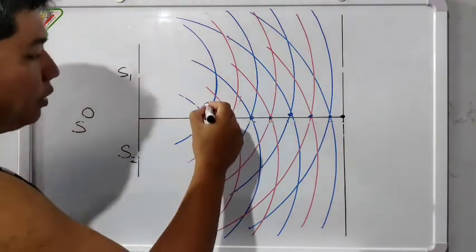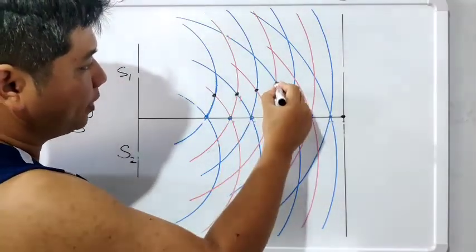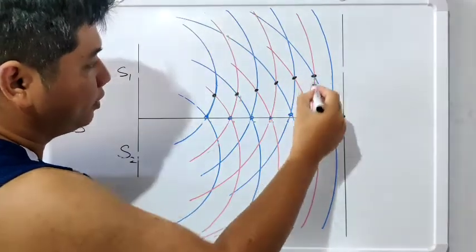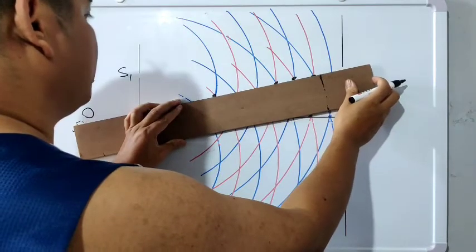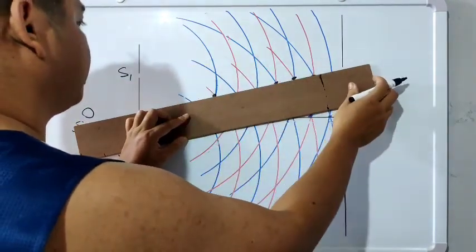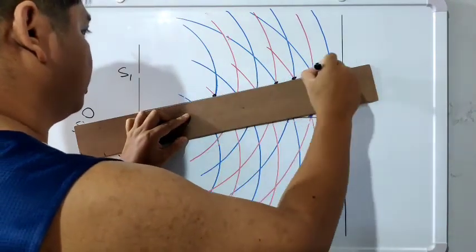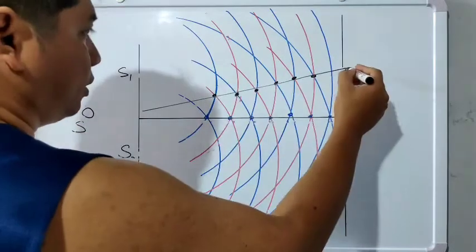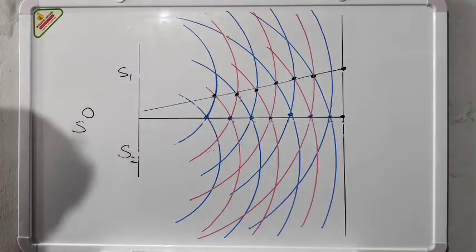And if we join the positions where the maxima and minima meet, if we draw a line through this, this is the position of minima.